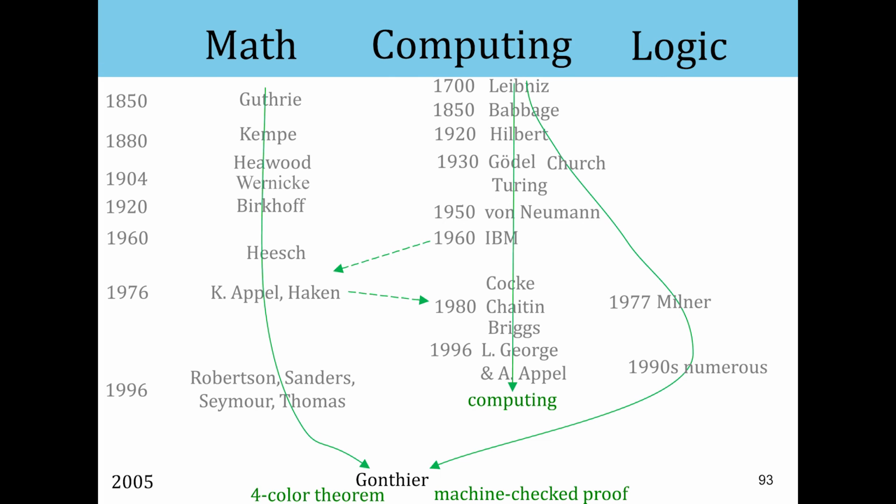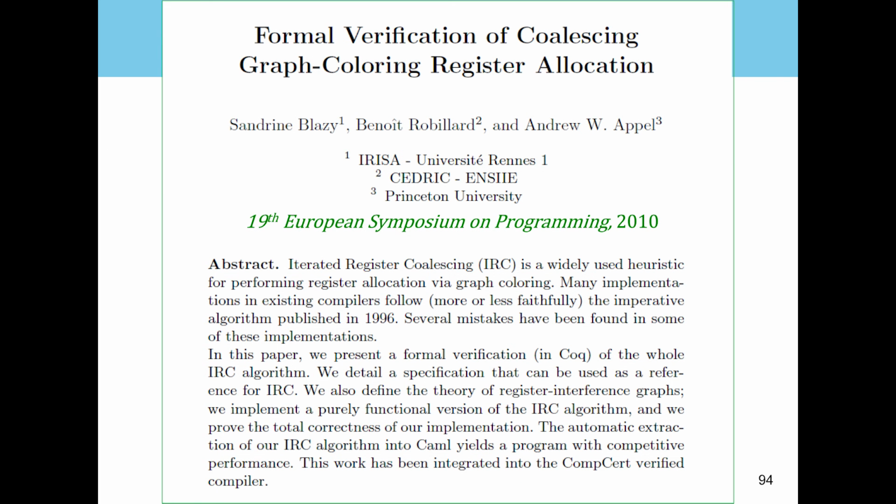So a few years ago, I thought, you know, the one part of the compiler that is not formally verified is the register allocator. And I know how to do graph coloring register allocation. I published a paper about that. And I know how to do machine check proof. And wouldn't it be fun to write a paper in which I could cite some result from 1977 by Appel and Haken?